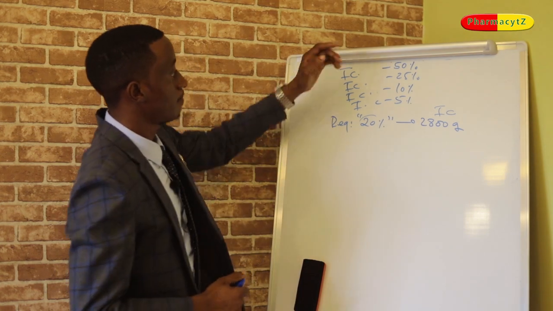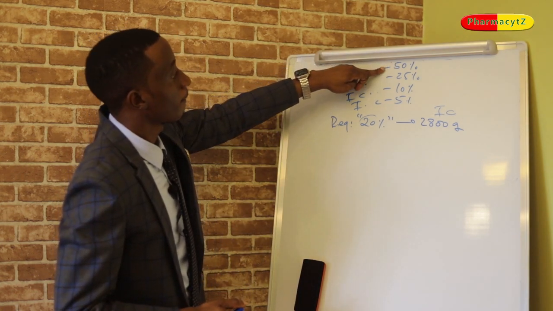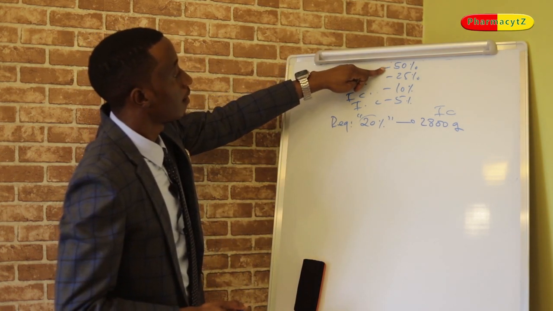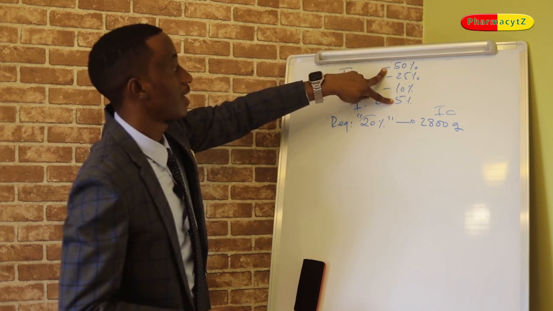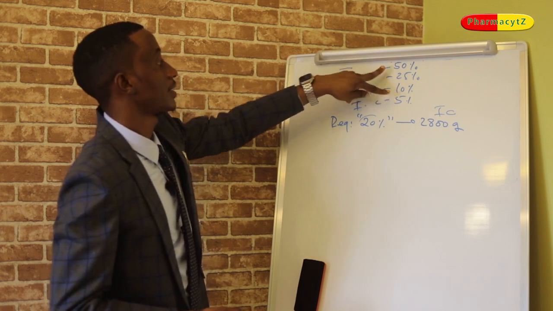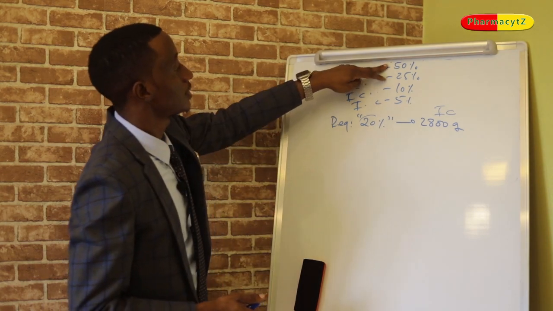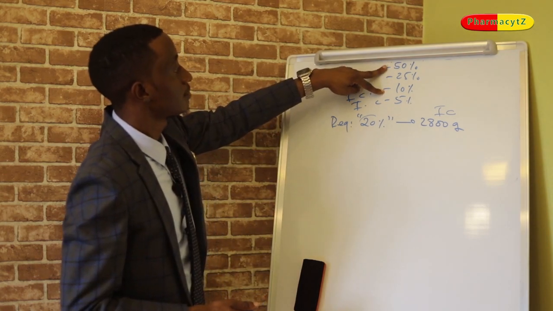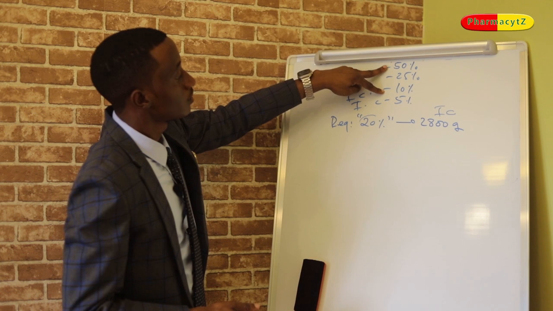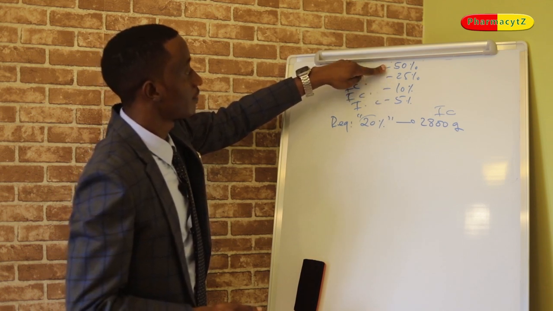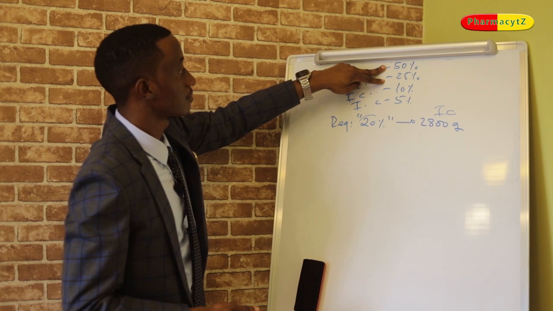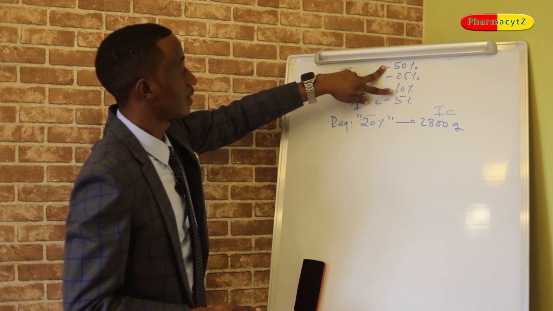Okay, the first pair may be 50 and 10, 25 and 5, 50 and 25, 50 and 5.